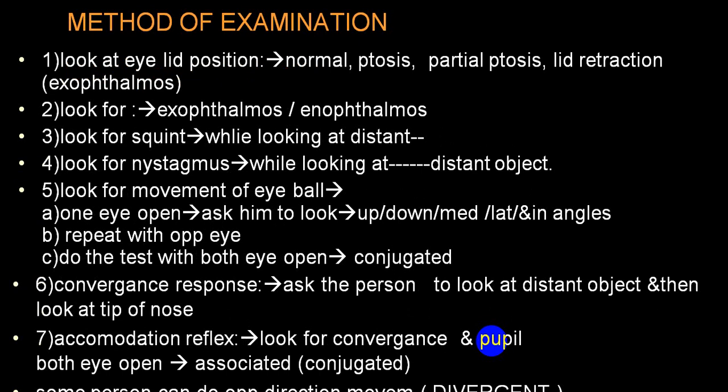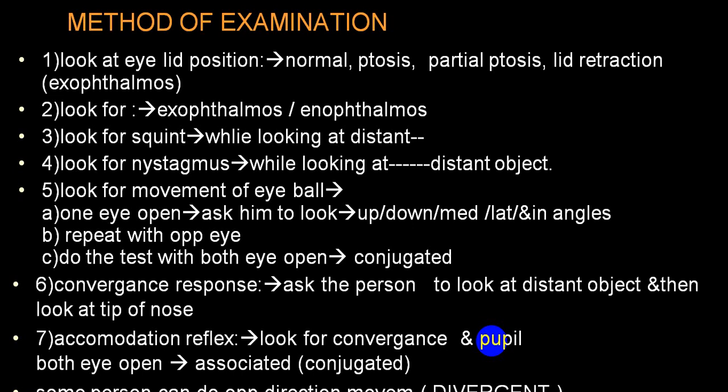When you are examining, and the person is looking straight, you are looking at the lid position, which may be normal, or there may be complete ptosis or partial ptosis, or in some you might have a lid retraction, a classical example being exophthalmos. So you also look at exophthalmos, anophthalmos, and any abnormal axis, and if there is a squint, whether it is an outward squint or inward squint, which we call adductor or abductor, or upward or downward, depending on what type of squint it is.